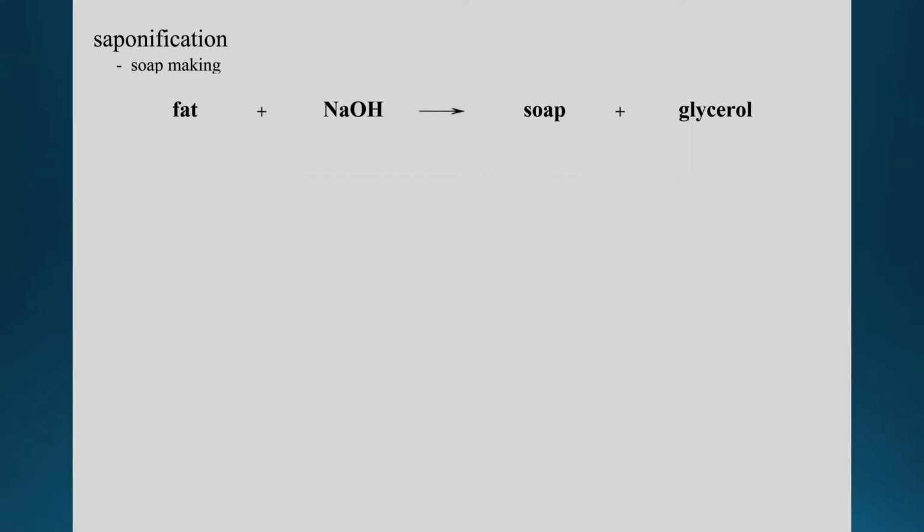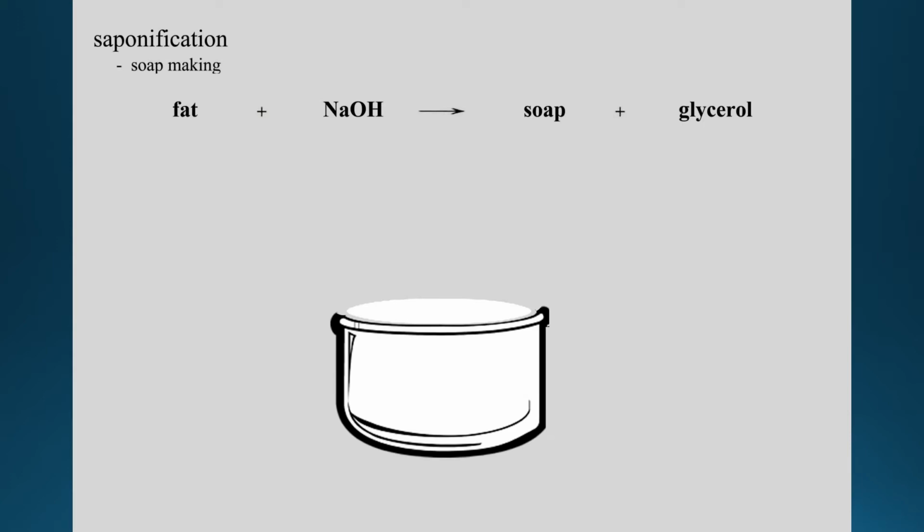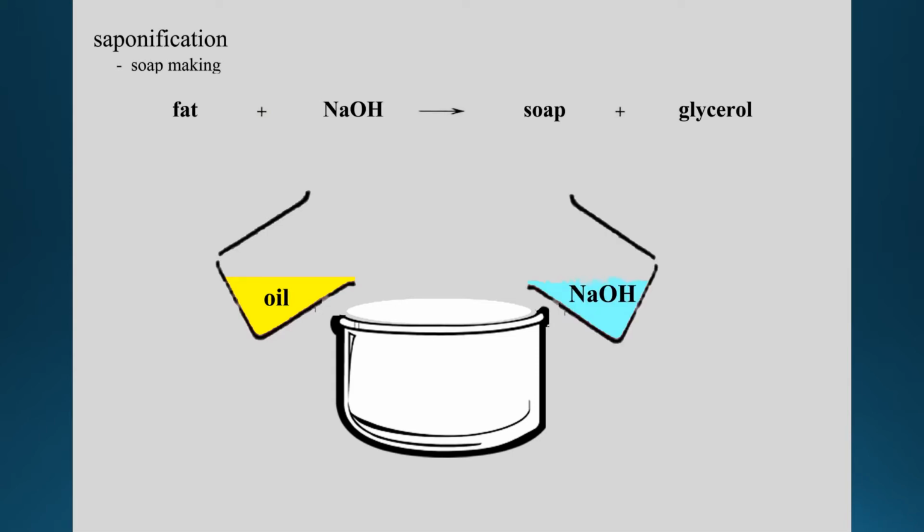Now let's look onto the experiment. You have a pot, you put some oil with NaOH. The oil can be any type of oil, you can get any cooking oil and mix with NaOH.